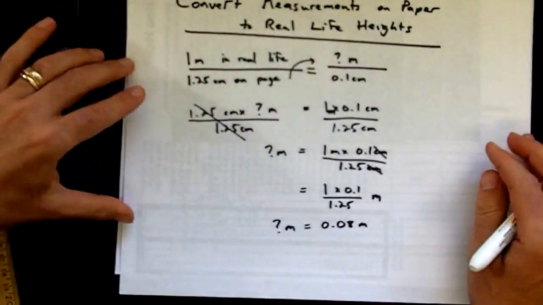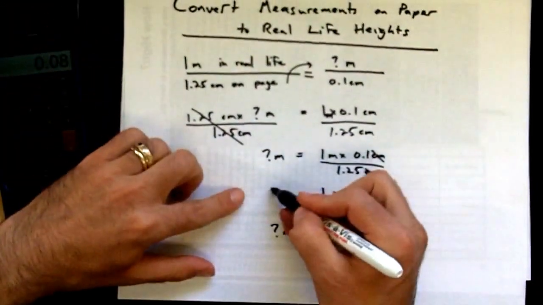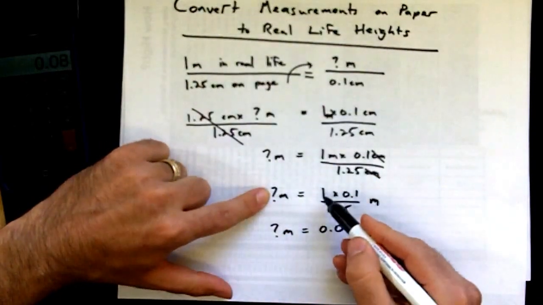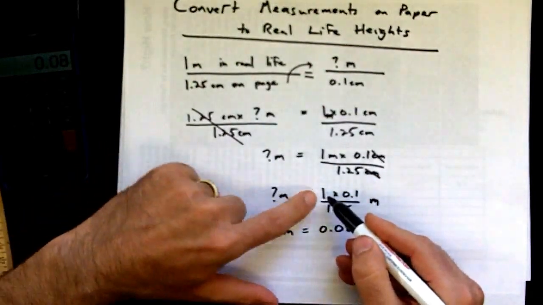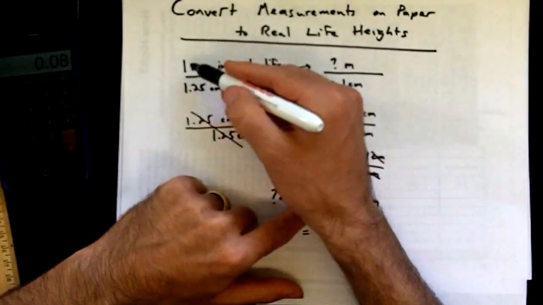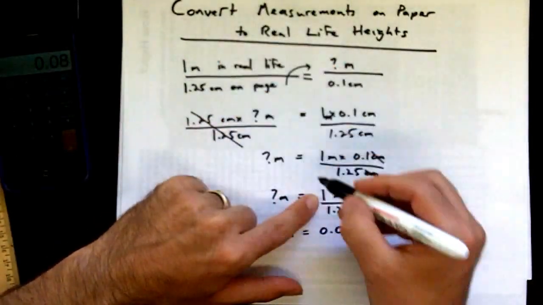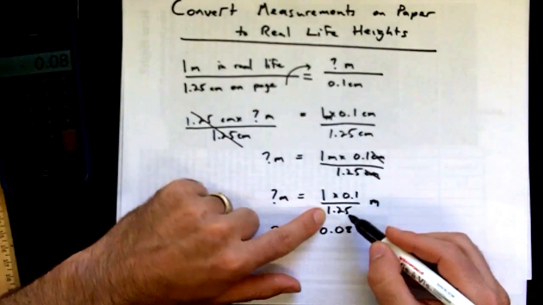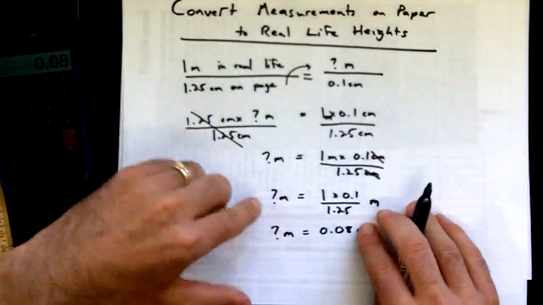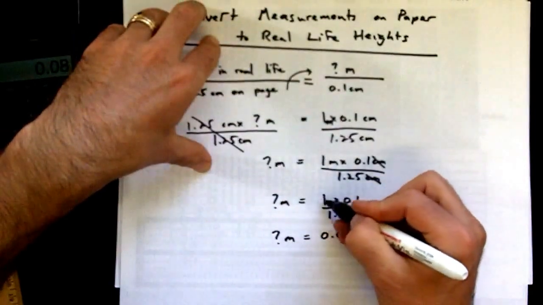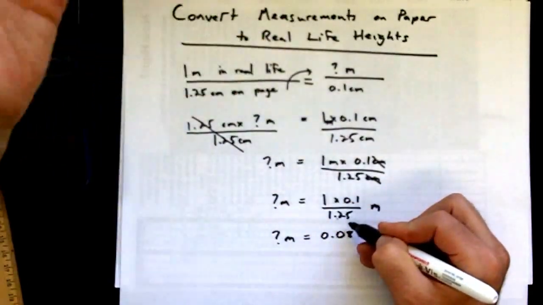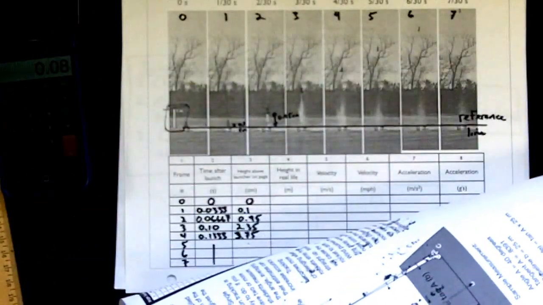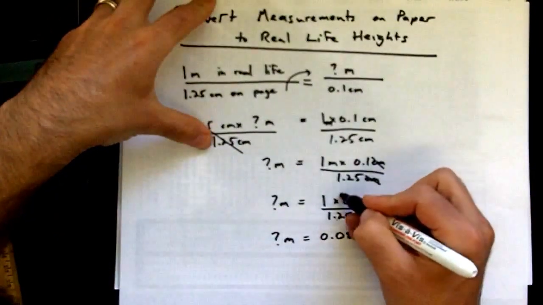This is great because let's take a look at this last step here right before we have the answer. We have question mark meters equals 1. Where did this 1 come from? Well, that's the meter stick, 1 meter tall in real life. And this 1.25 came from the measurement on the page. These two numbers stay the same all the time for our particular size of piece of paper here.